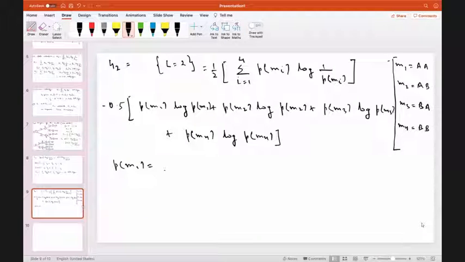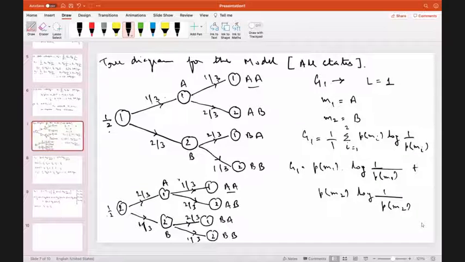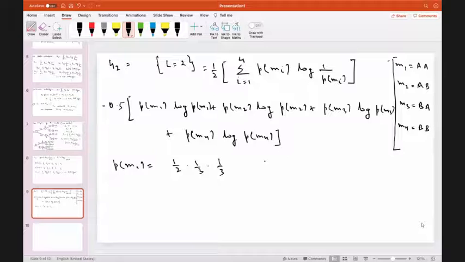It is 1/2 into 1/3 into 1/3, which is this line here, and then plus 1/2 into 2/3 into 1/3. And that value comes out to be 3/18, which is 1/6. So this will be P1.